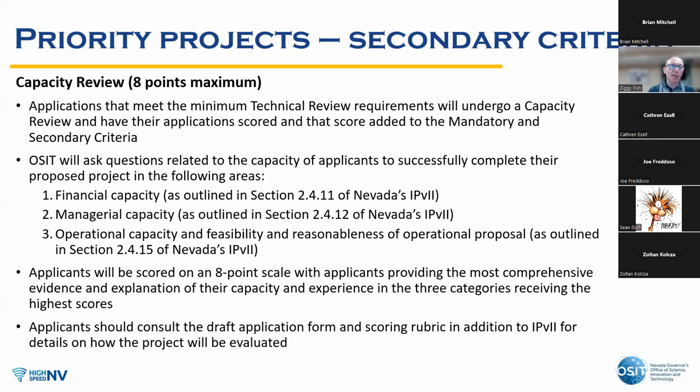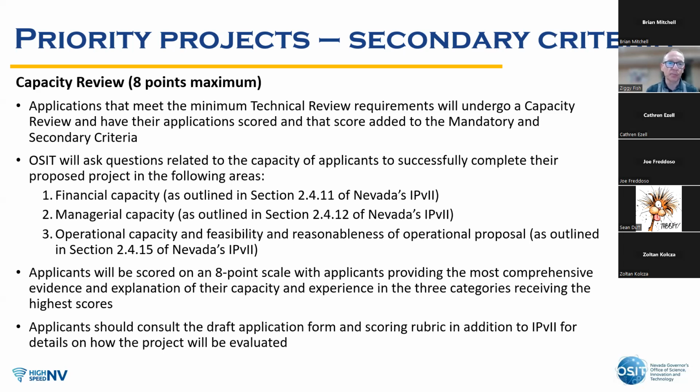Okay, capacity review. This is a total of 8 points that are available to demonstrate your capacity in different areas. There are 3 major areas, and again, you can consult the initial proposal, volume 2, and we listed the sections you can find this in. There's the financial capacity, managerial capacity, and operational capacity.